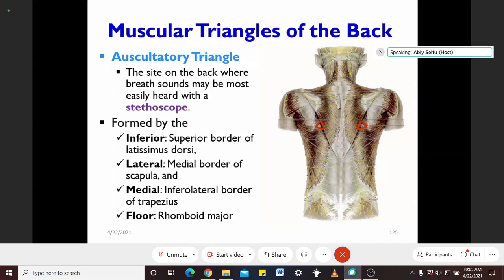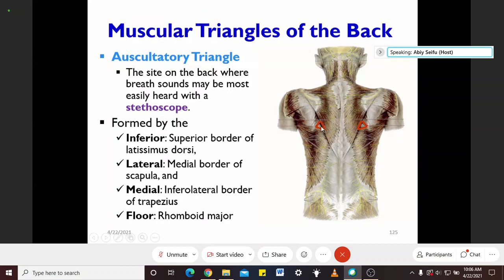There is a muscular triangle that is easily perceived over the skin, because there is no muscular covering by the superficial back muscles.